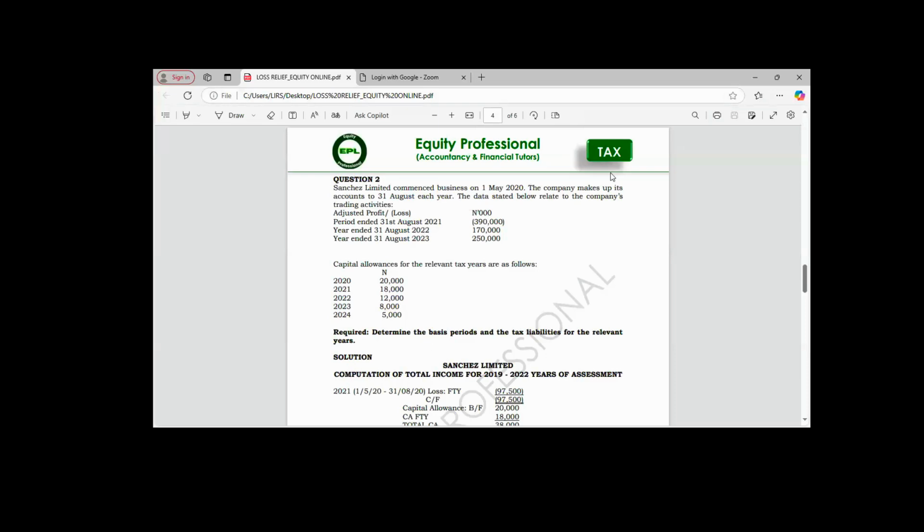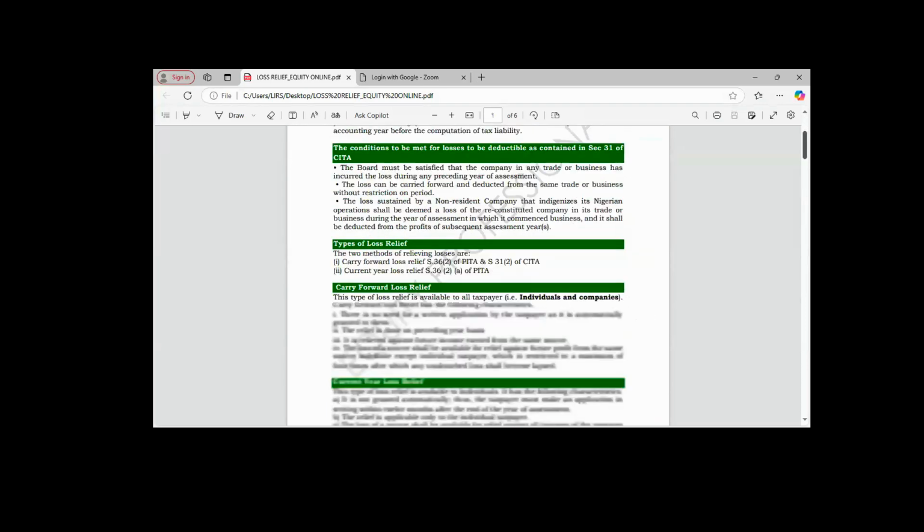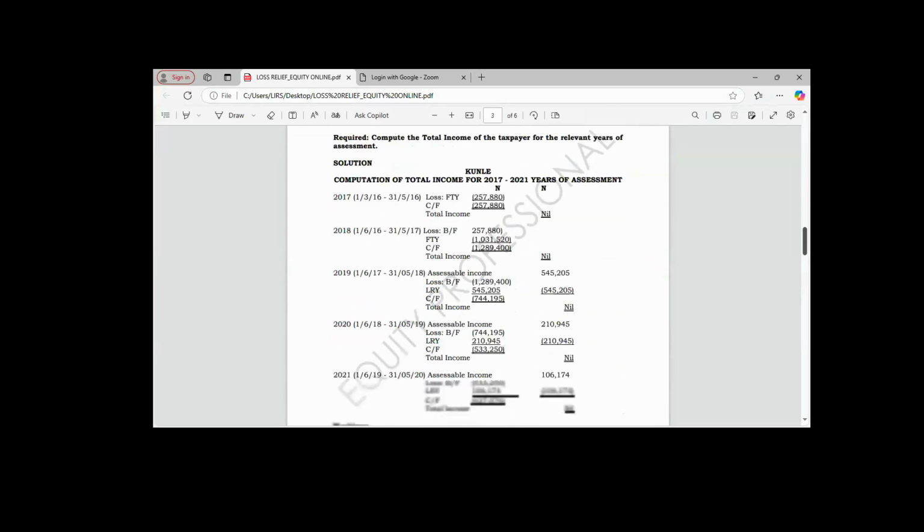We also need to look at when we have a situation of current year loss relief. How do we go about that when there is current year loss relief? So still on that material for loss relief, I have shared the material.